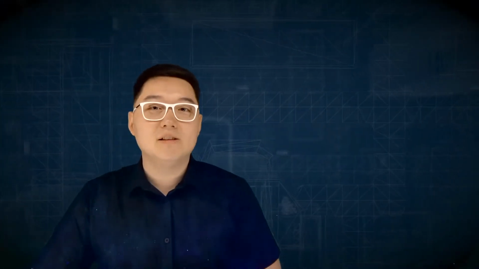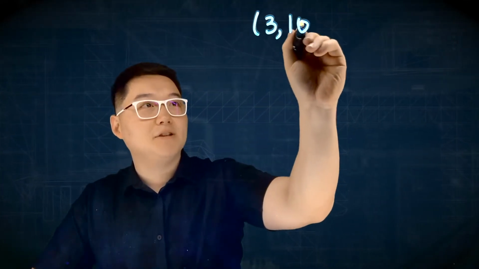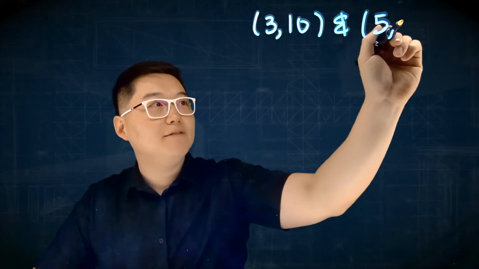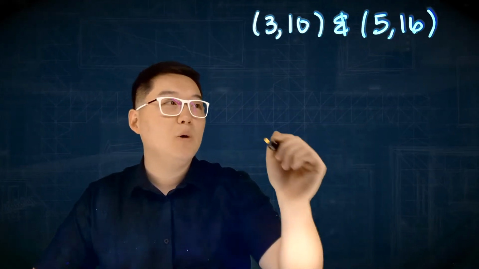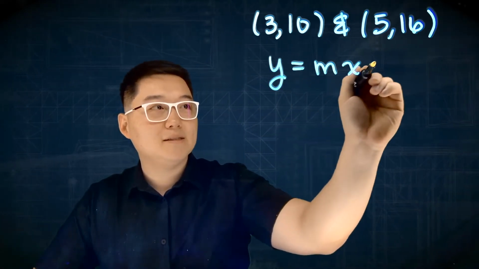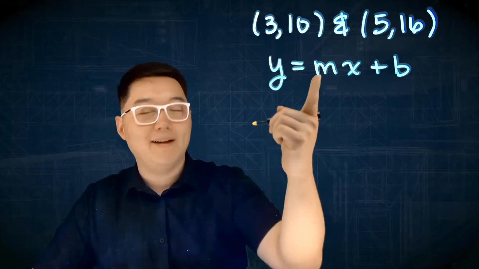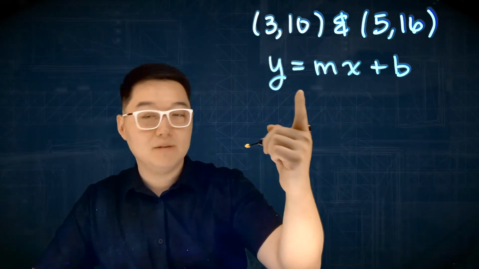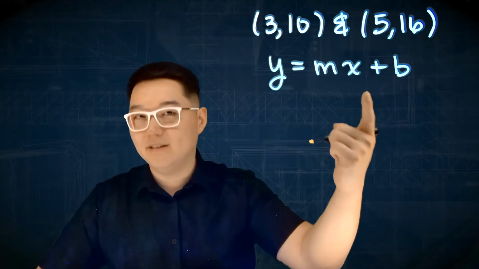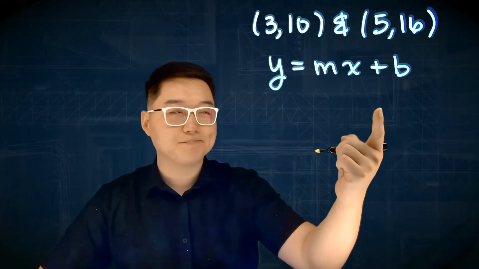Okay, so let's go ahead and do that exact same problem, but this time algebraically. So we know on day 3 we have $10, and on day 5 we have $16. We want to write an equation y equals mx plus b, where m represents the slope, the rate of change, and b represents the y-intercept, or the initial value when x is 0.